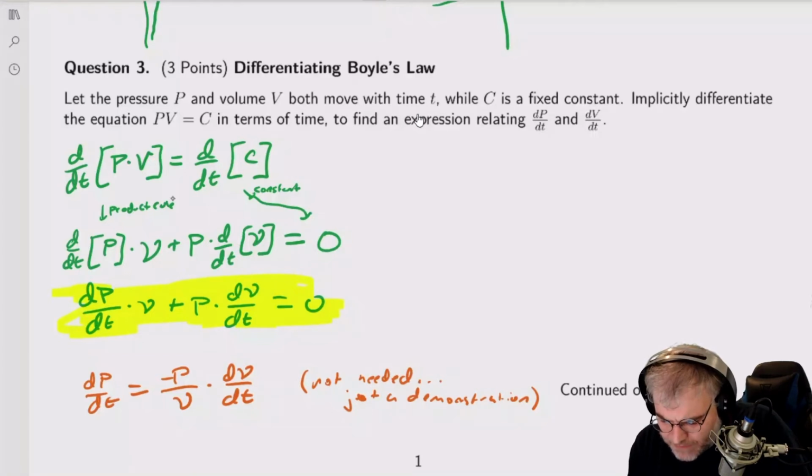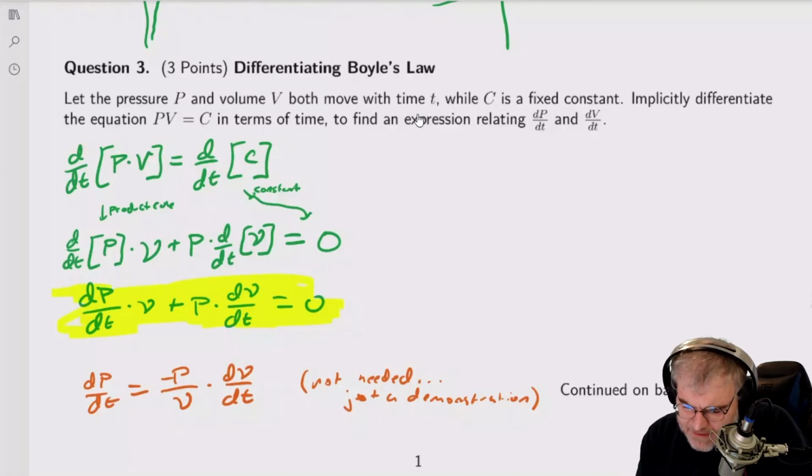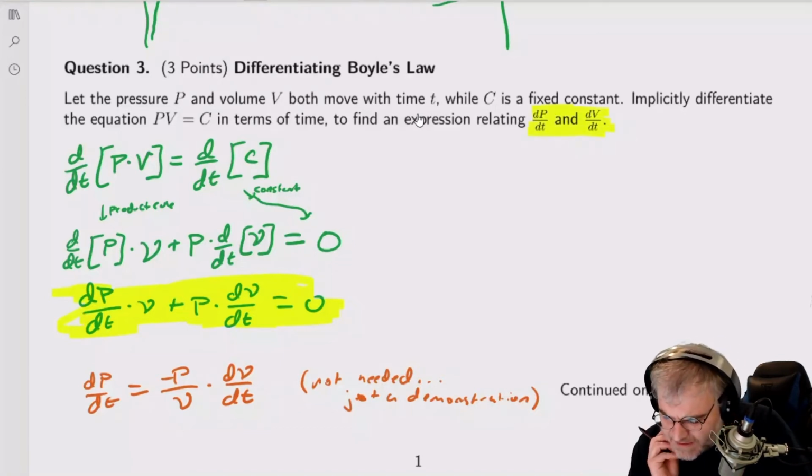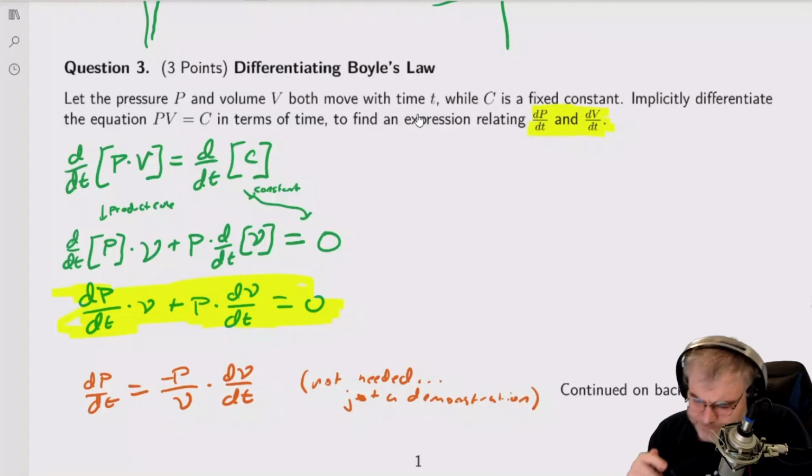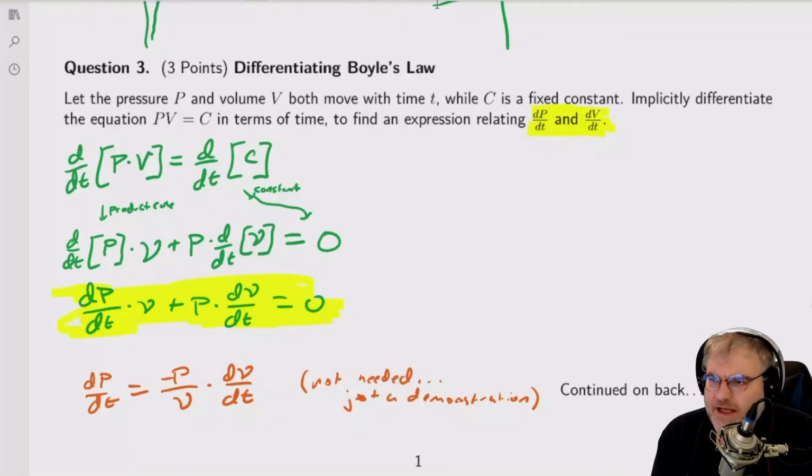I've got a product rule here, so this becomes the derivative of the first times the second plus the first times the derivative of the second. And since I don't know anything about these, I wind up with this relationship between dp/dt and dv/dt. So how do we feel about, that one's not it. How do we feel then about question 3 there, 1 to 5?